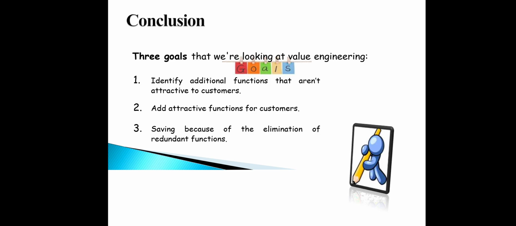So, the three goals in value engineering are: identify additional functions that are attractive to the customer, add attractive functions for the customer, and save cost by eliminating redundant functions.